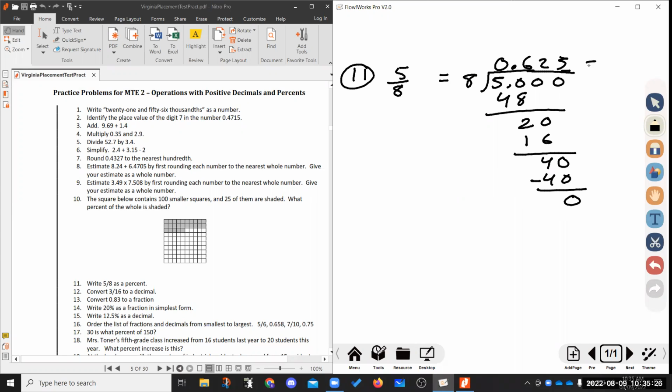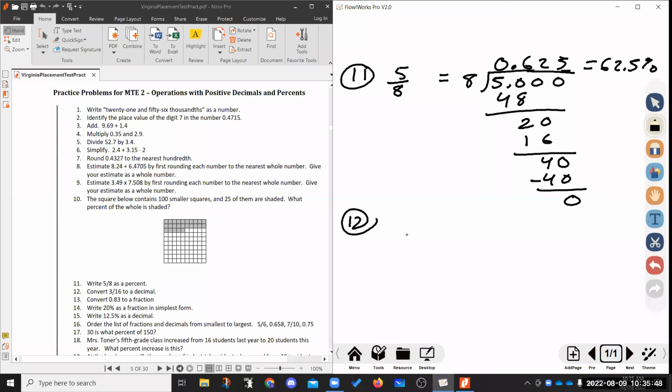So this is the same as 62.5%. See that? Because I'm going to multiply by 100%, which is going to shift the decimal point 2 places to the right. That leaves me with 0.5% there. Okay.